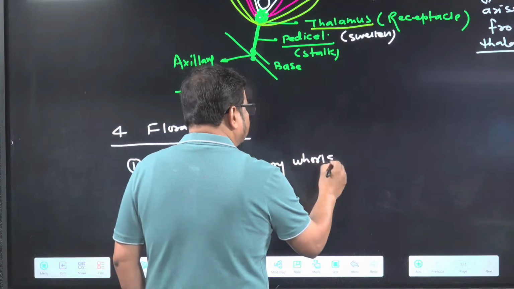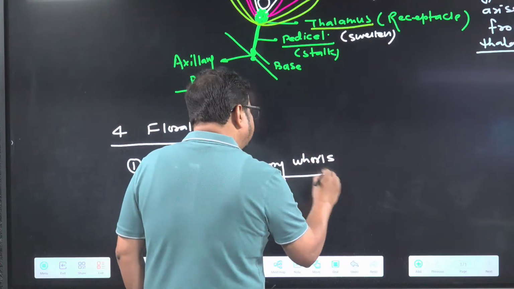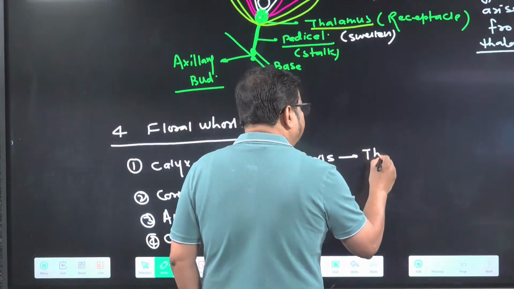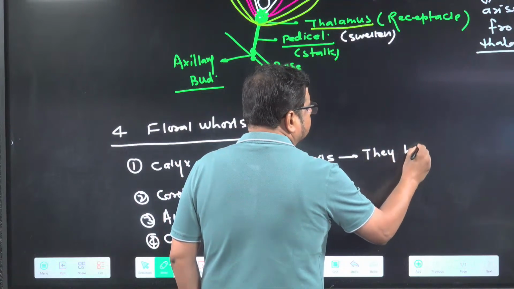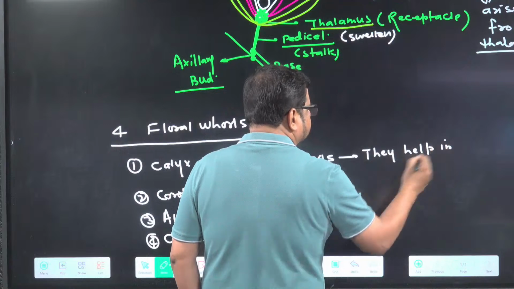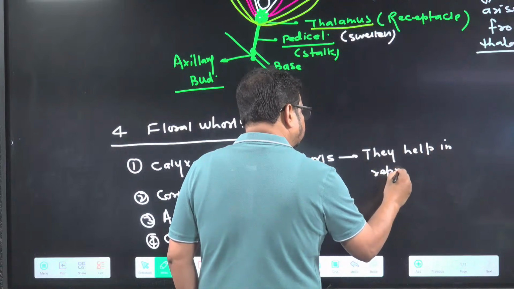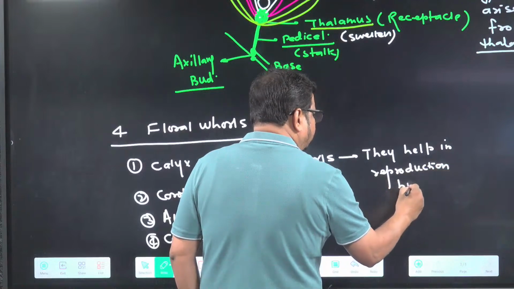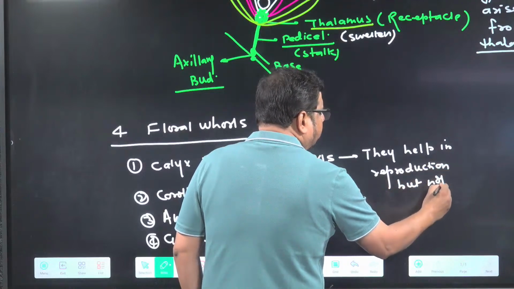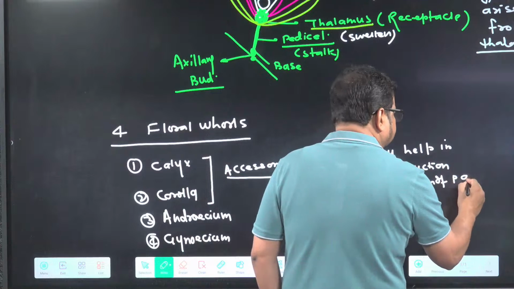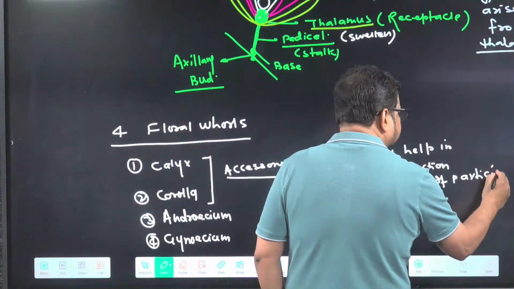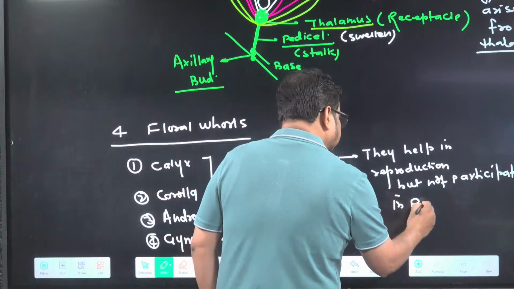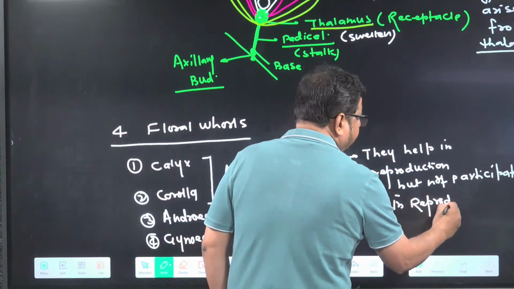Why are they called accessory whorls? They help in reproduction but do not participate in reproduction.